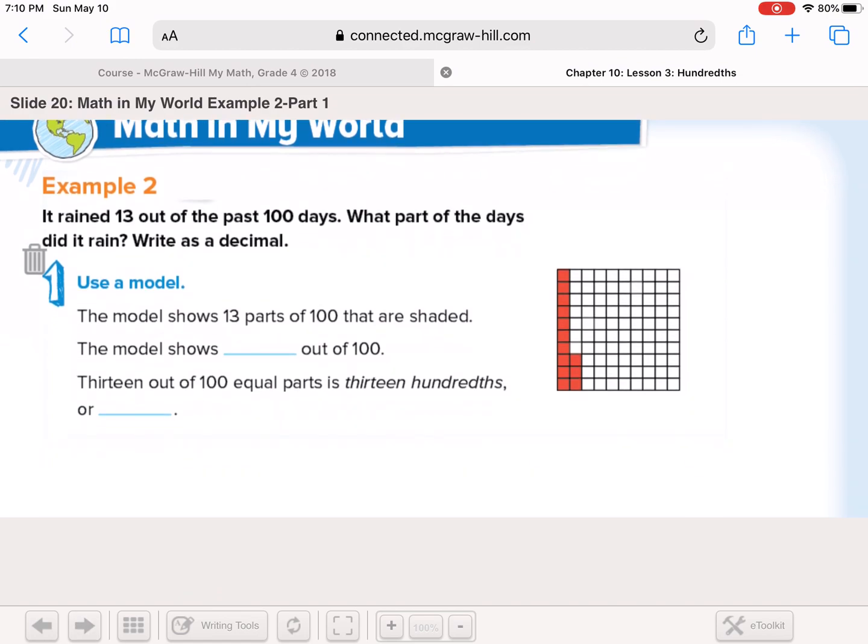Okay, it rained 13 out of the past 100 days. That's not a lot. What part of the days did it rain? Write it as a decimal.